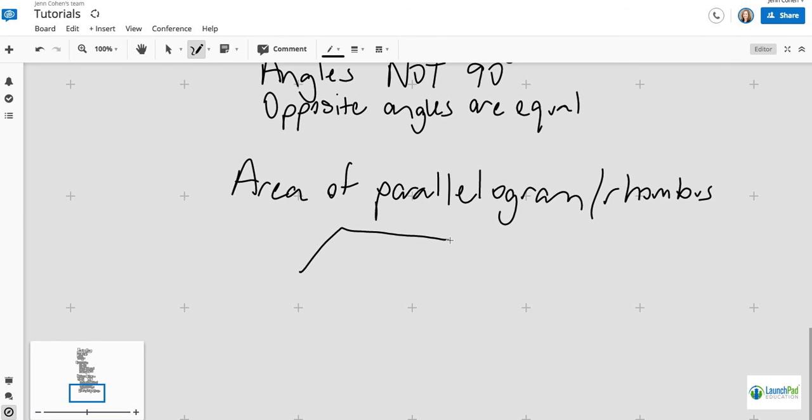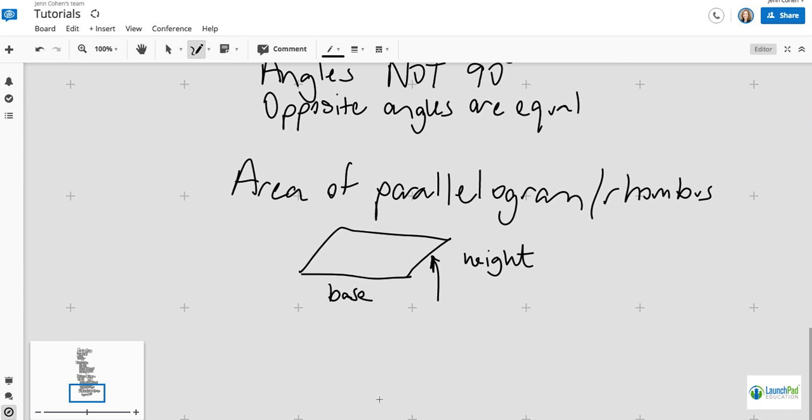So here's another parallelogram, and to find the area, you're going to multiply base times height, which is pretty similar to that whole length times width thing for a rectangle. However, the difference is the height is not the length of this side.